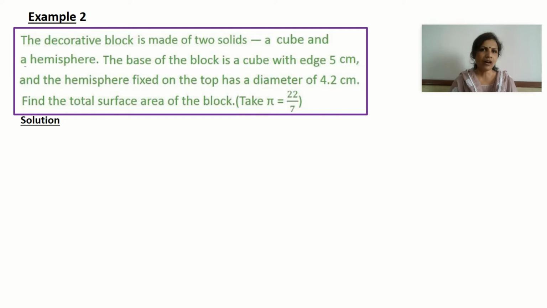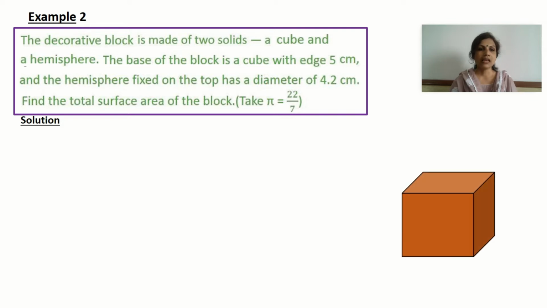If you remember, I told you as you read the sum, you have to start drawing the figure for the sum, so that then solving the sum will be very easy. So a decorative block which is made up of two solids, a cube, so we've drawn a cube, and the hemisphere which is fixed on the top of this cube.